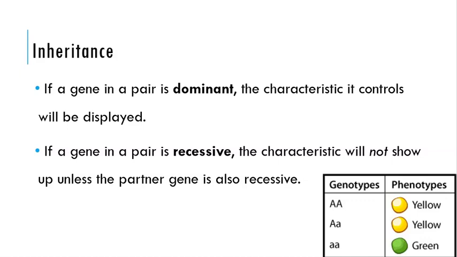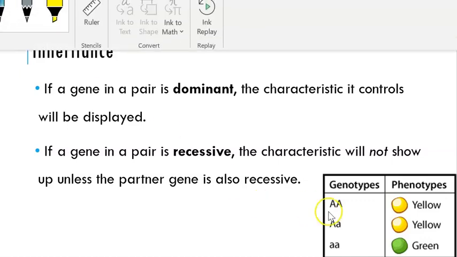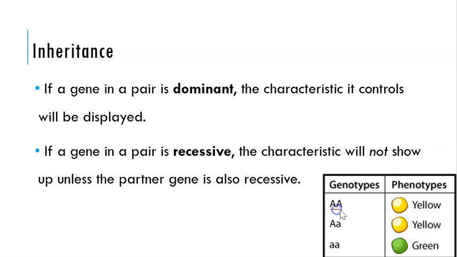So what I'm talking about here is if we look at these genotypes with big A right here. If we say the dominant gene is big A and the recessive gene is little a, then looking at big A, the phenotype, or what we see, is going to be controlled by the dominant gene. So big A says yellow, so the phenotype is going to be yellow. Now if we look at little a on the bottom, recessive, little a means green.